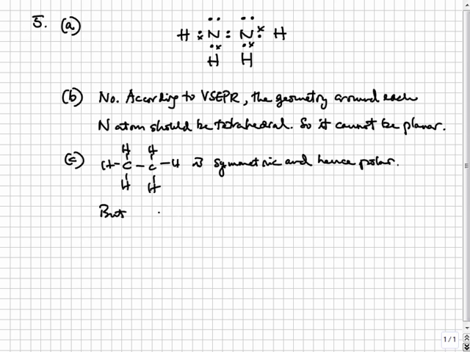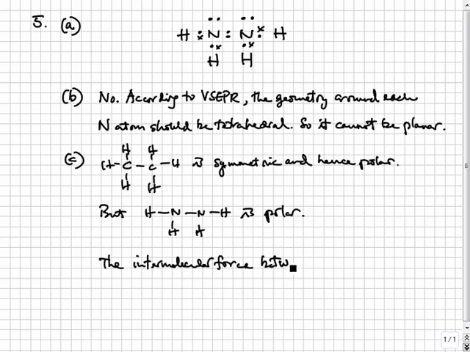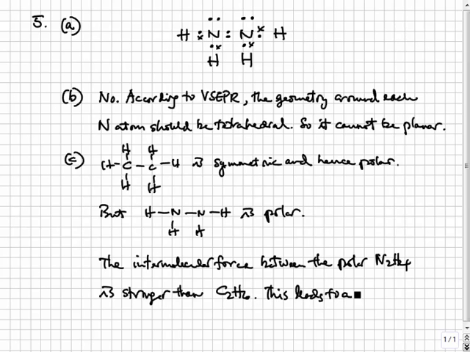But the N2H4 molecule, because it is asymmetric, is actually polar. So because of that, the intermolecular force that acts between the polar N2H4 molecules is stronger than between the nonpolar C2H6 molecules. And because of this, this leads to a higher boiling point in N2H4.